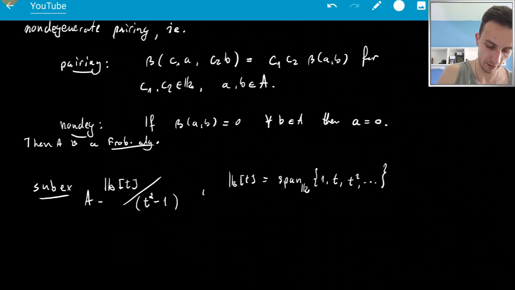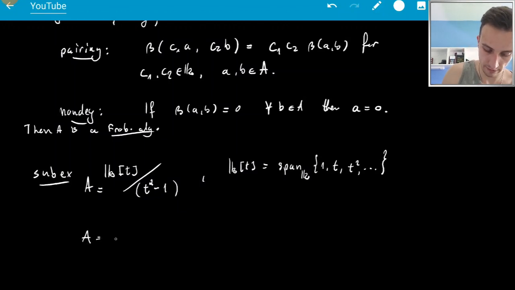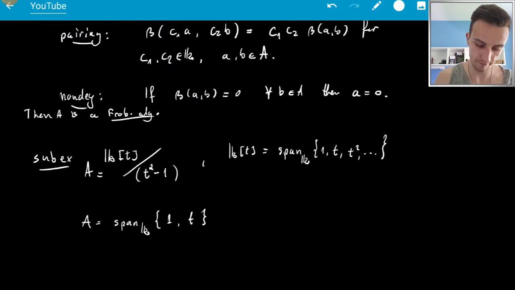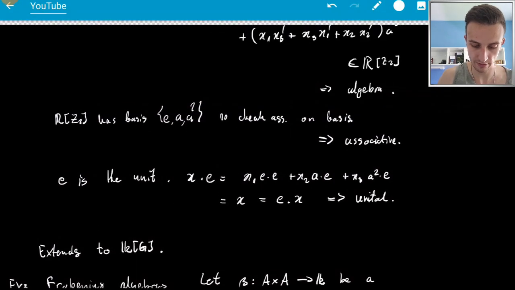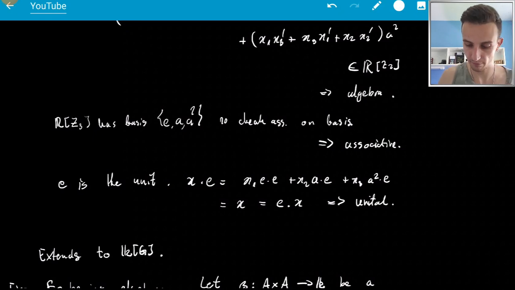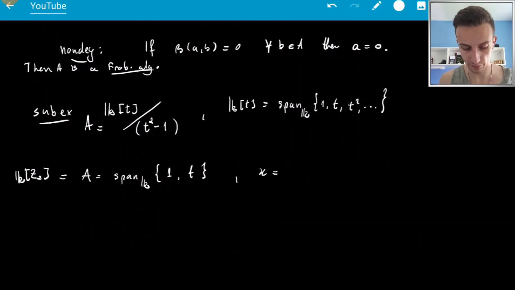And then this space, A, is this space K[T], but with the added relation that wherever you see T squared, you replace it by a 1. So then A is just the span over K of 1 and T, okay? So T squared is 1. So it's essentially Z2, right? So this is actually K Z2. By the way, I had Z2 written there, but it's Z3, obviously. It's the cyclic group of order 3. I'm not going to correct it everywhere, but everywhere it should be Z3. Cyclic group of order 3. This one is a cyclic group of order 2.